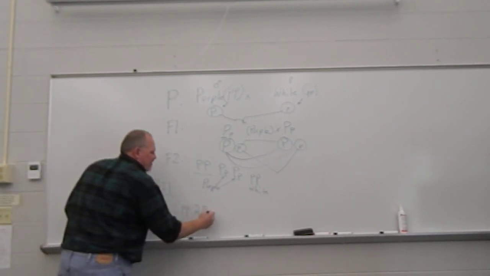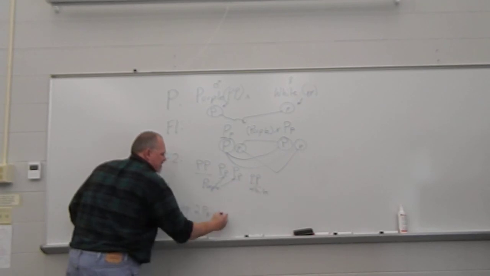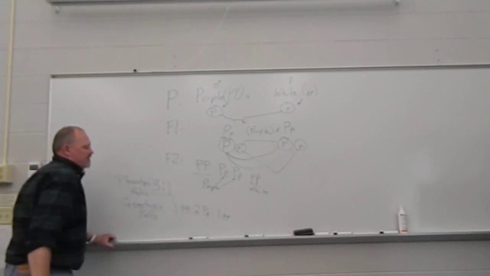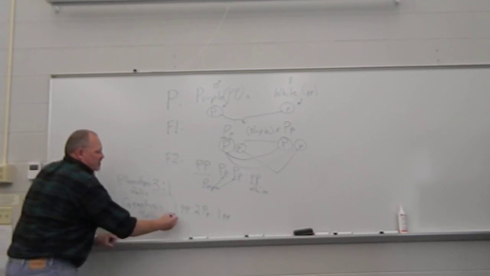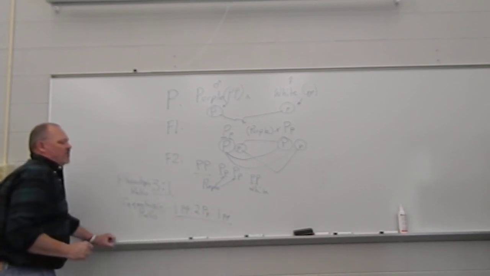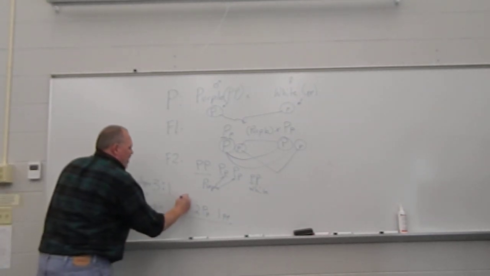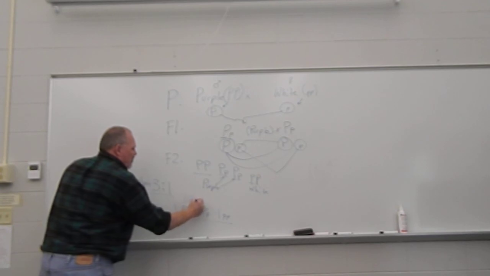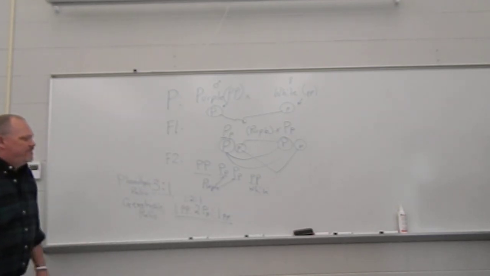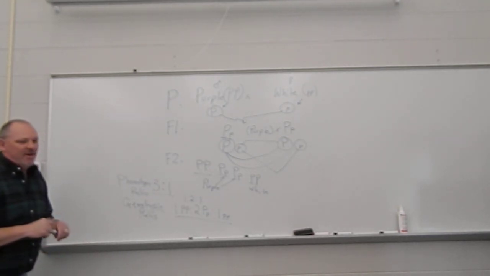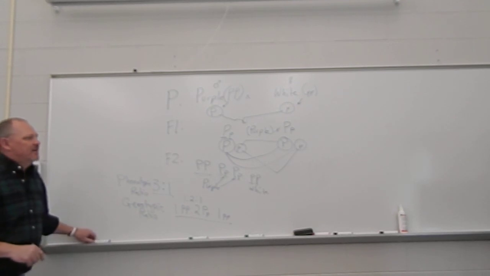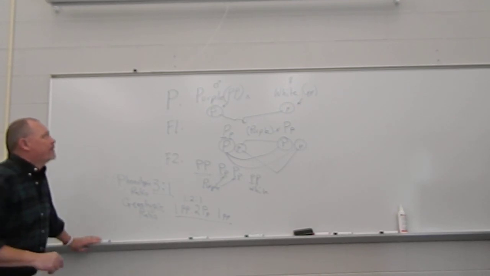And then we have 1 that is homozygous recessive. So the genotypic ratio is always going to be 1 to 2 to 1, all right? Doesn't matter what trait you're looking at. It's going to be the same.